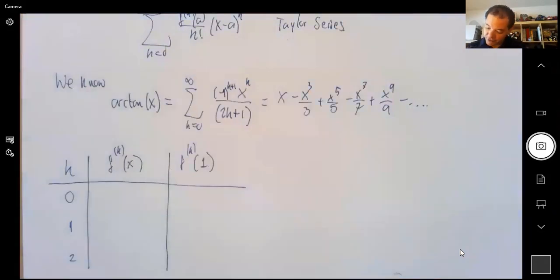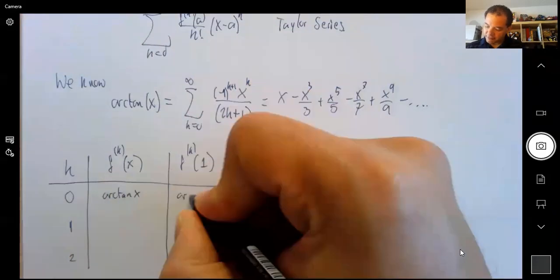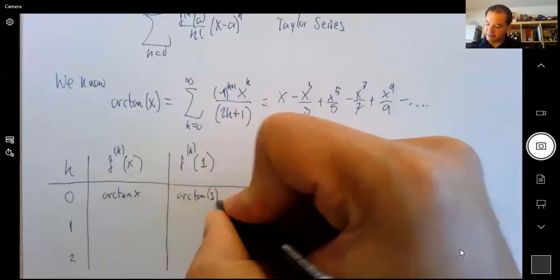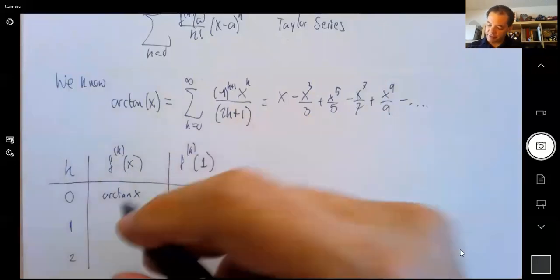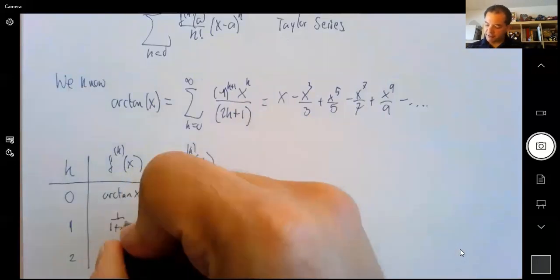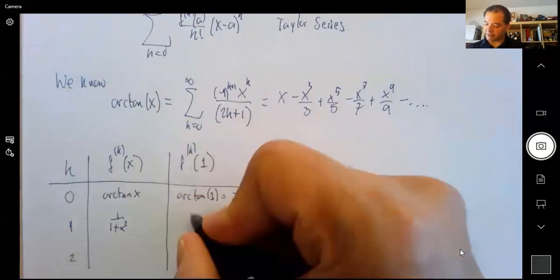Now, the original function is arctangent. And arctangent of 1 is, well, pi over 4. Then the derivative of arctangent is 1 over 1 plus x squared. And when we plug in 1, we get 1/2.